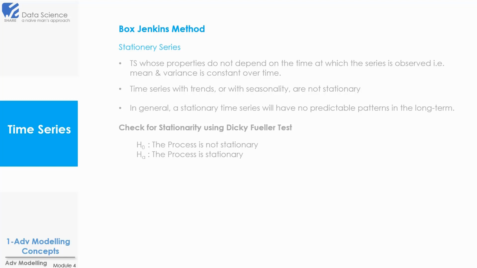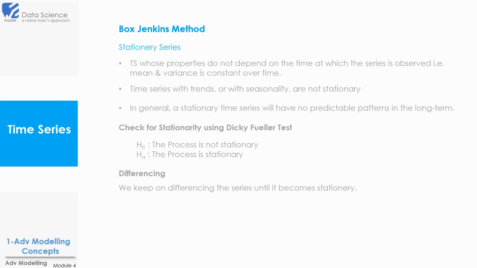Now the next question is, what if the series is not stationary? To make the series stationary, we do differencing. In differencing, we keep on differencing the series until it becomes stationary. Sometimes first order differencing makes the series stationary. Sometimes we have to do second order differencing to make the series stationary, and so on.